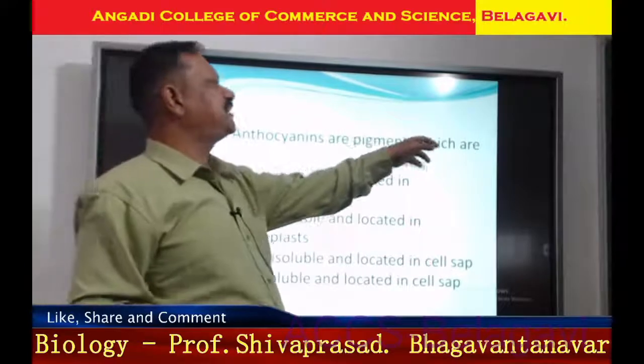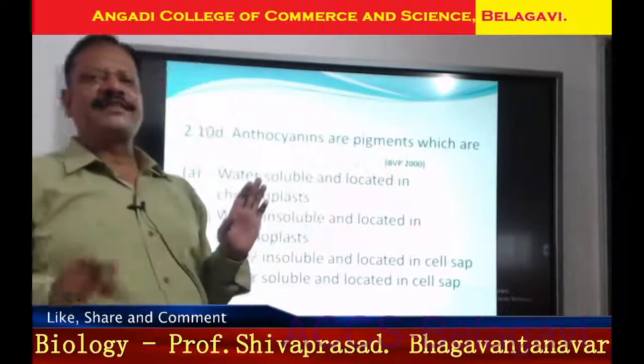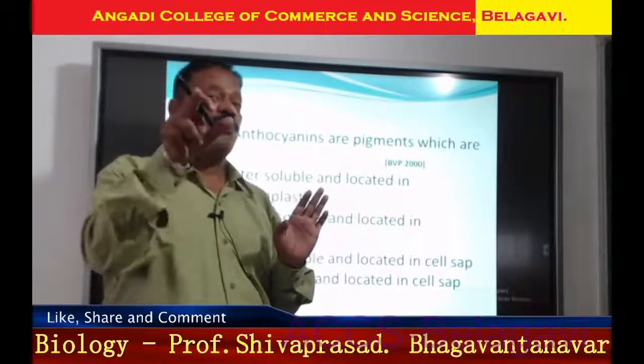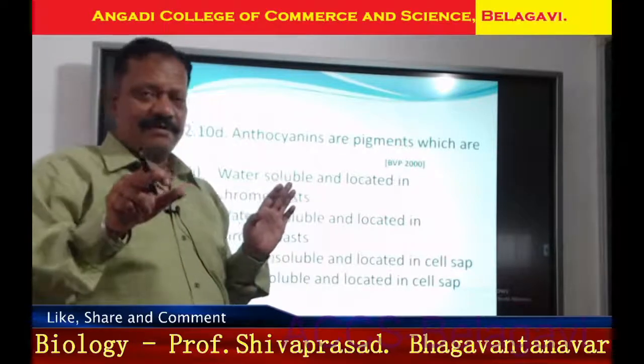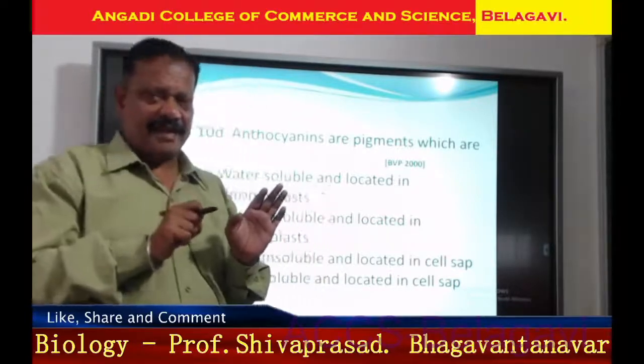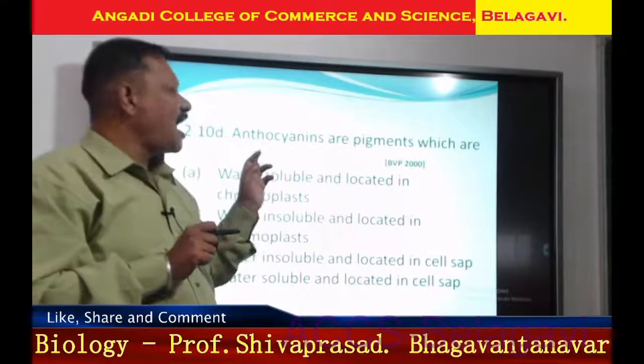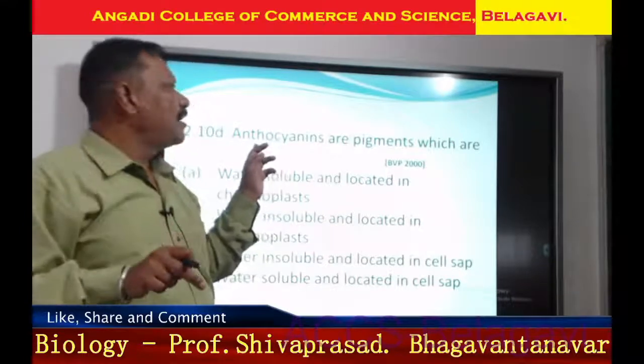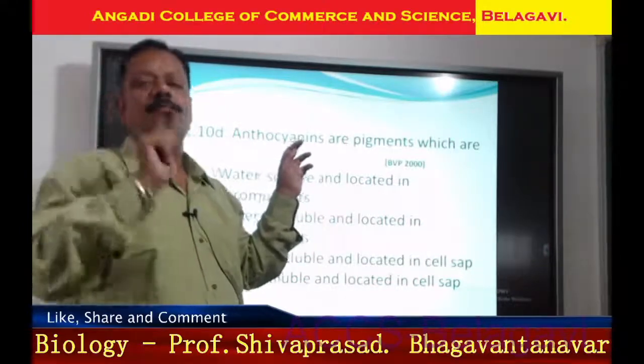Anthocyanins are pigments. Anthocyanin is a pigment, the kind you studied in the chromoplast, found in the cell.